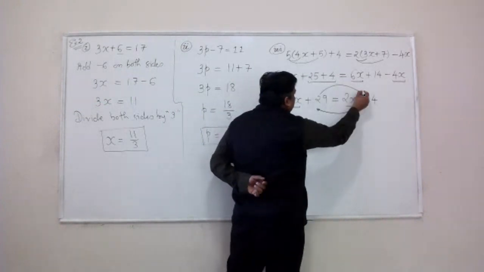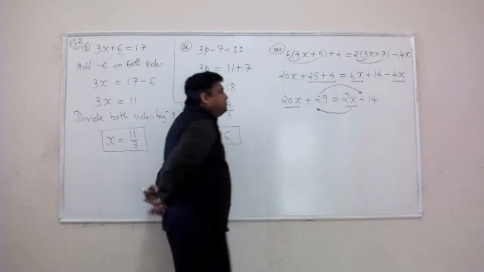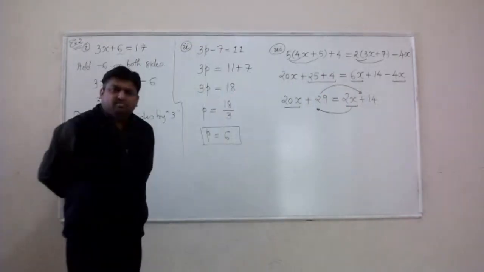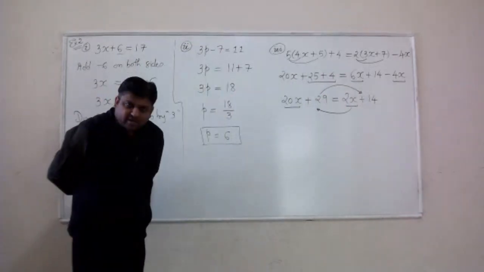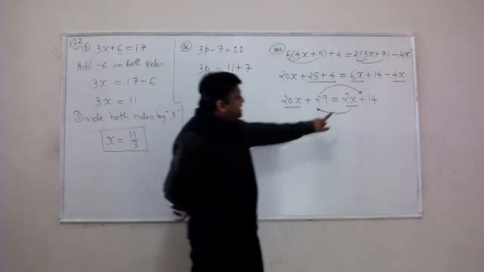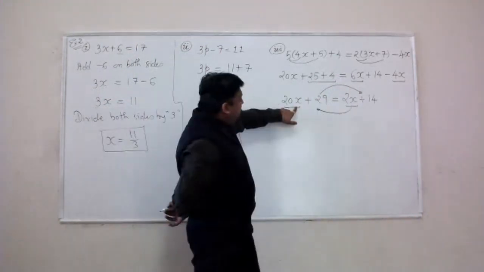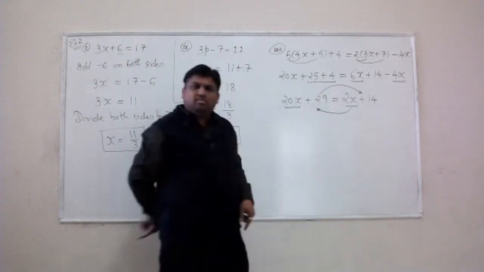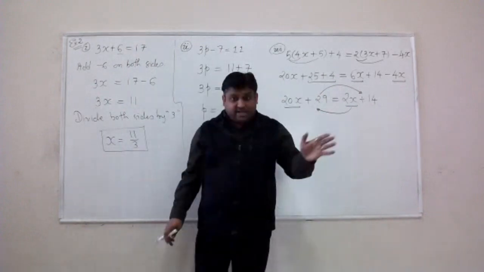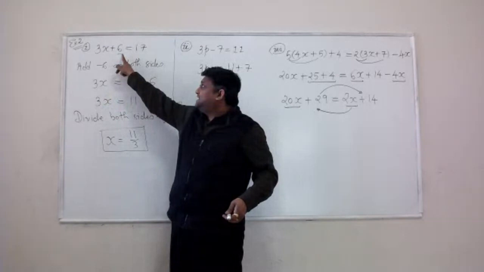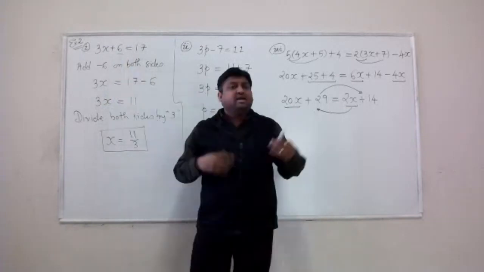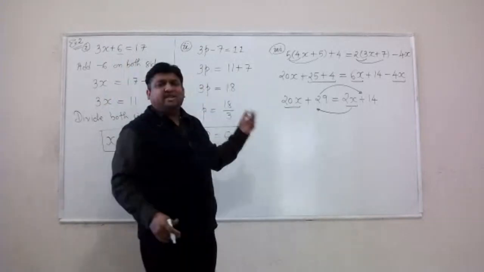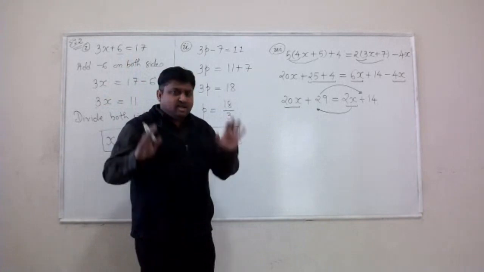At the same time, move the number 29 to the right side. How should we do that? Well, add negative 2x on both sides and add negative 29 on both sides.